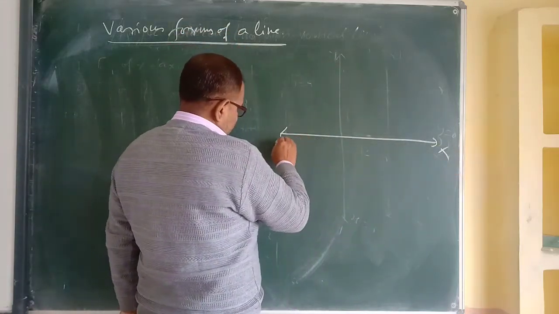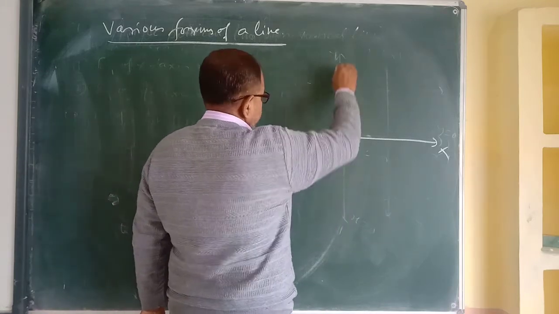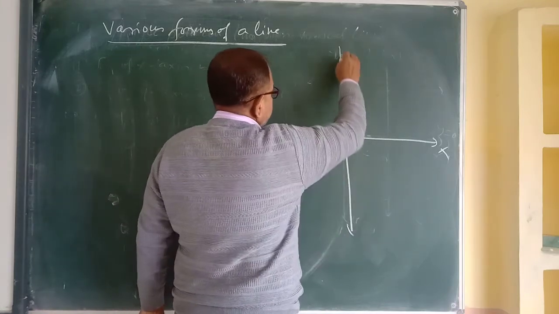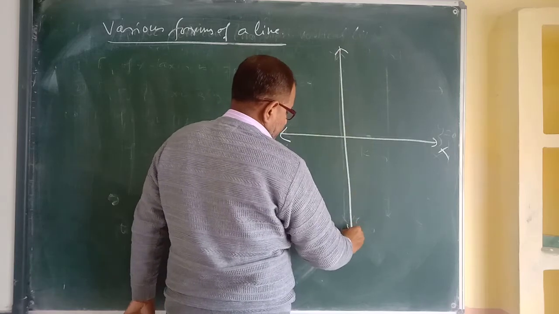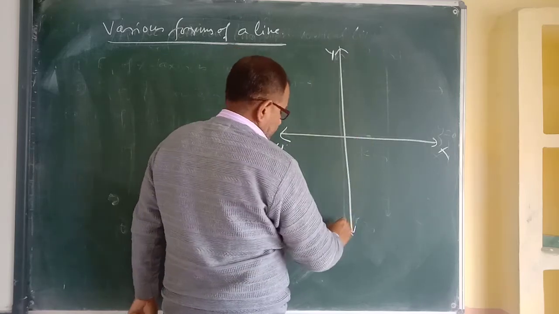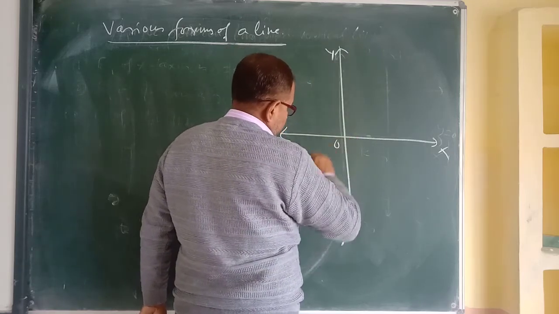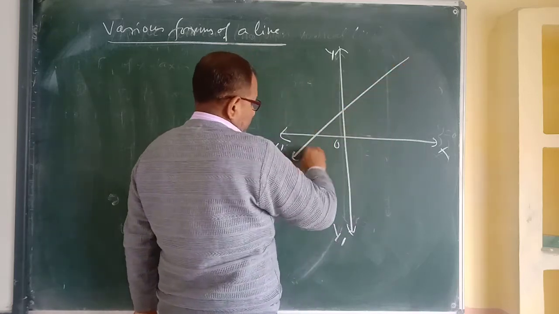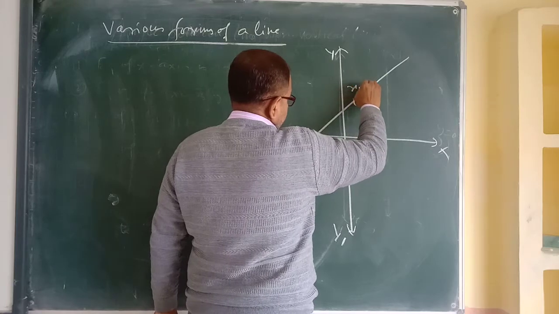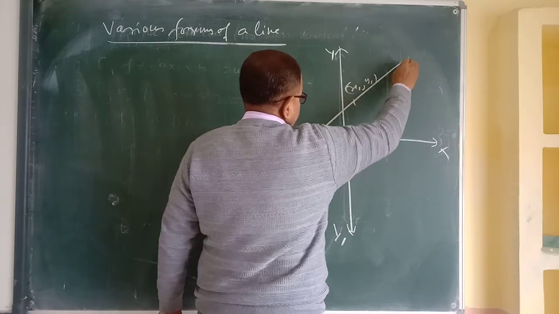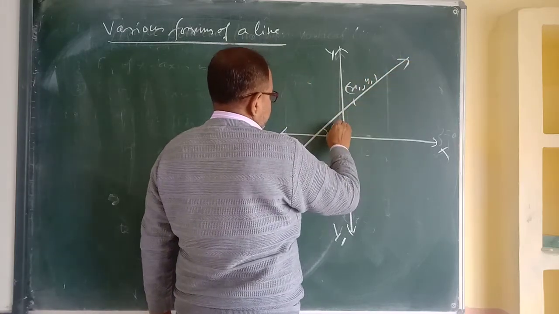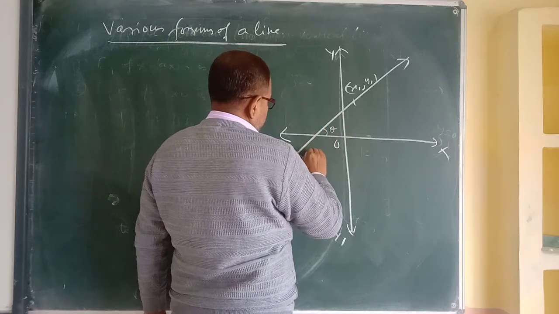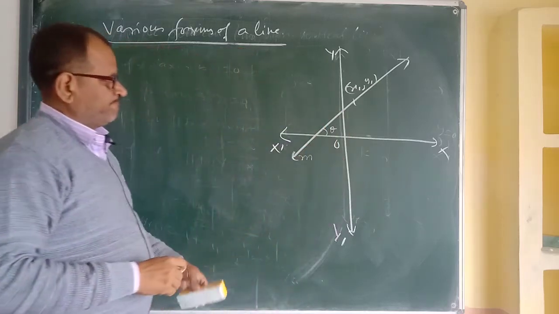Equation of a line passing through one point. Suppose one point is x1, y1. Its inclination is theta and its slope is m.